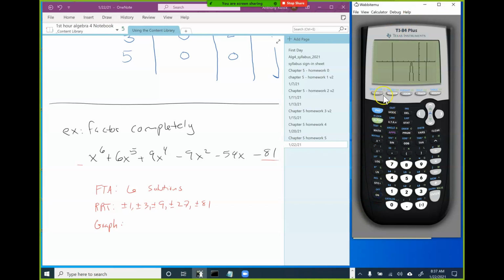Okay. And we'll set our window here. So negative 81 to positive 81, that's going to be a big window. I'm guessing we'll definitely be zooming in there.